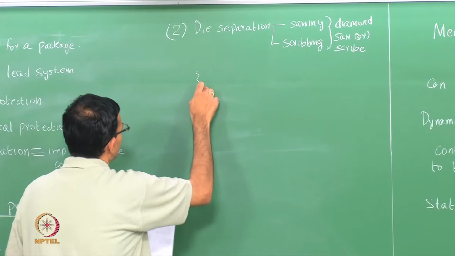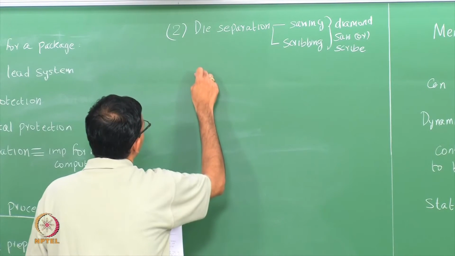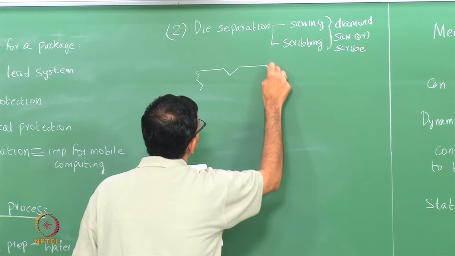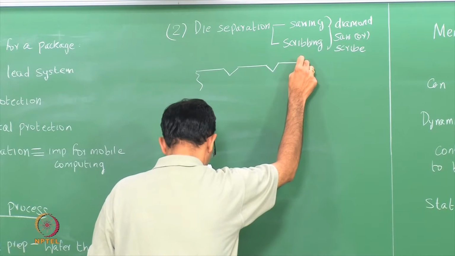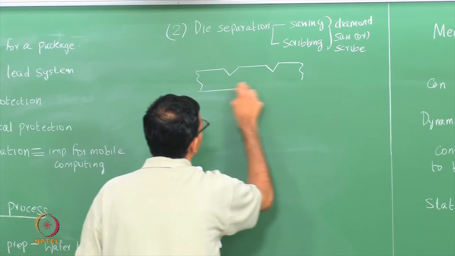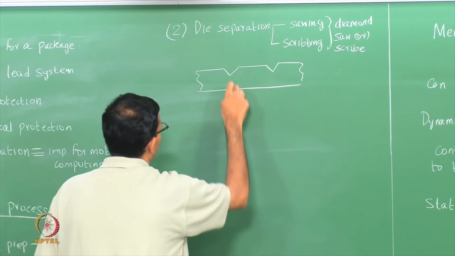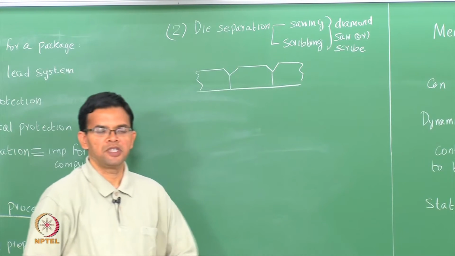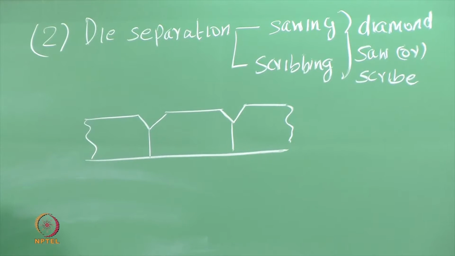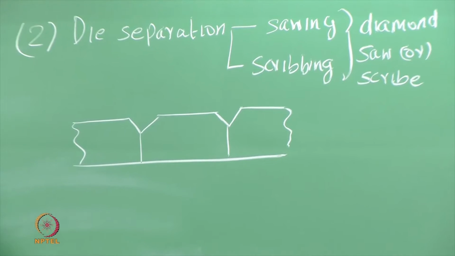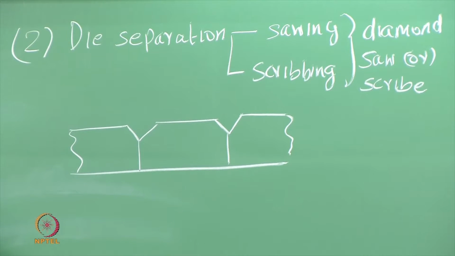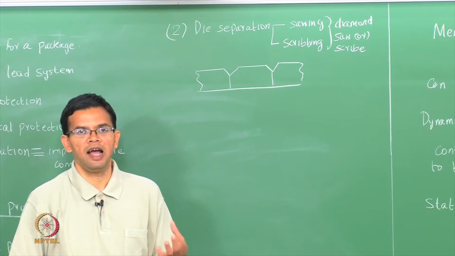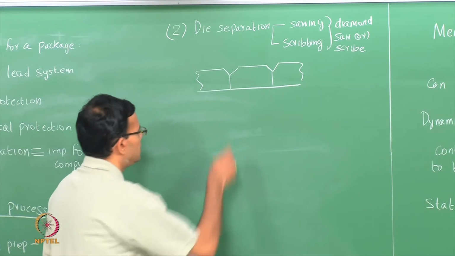Just to give you a schematic, this represents your wafer. We have seen the concept of scribe lines earlier. Scribe lines basically separate the different components of the die. Sometimes the scribe lines are blank, but they usually have some circuits for electrical testing.